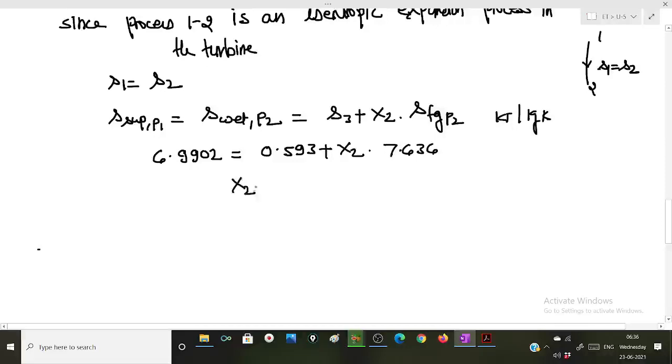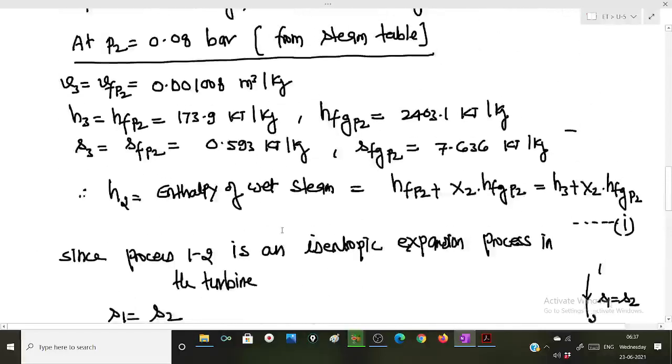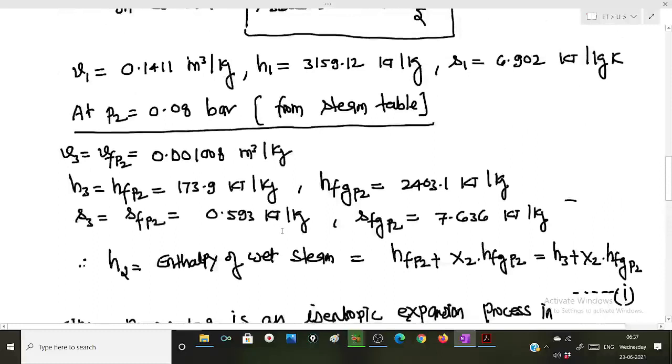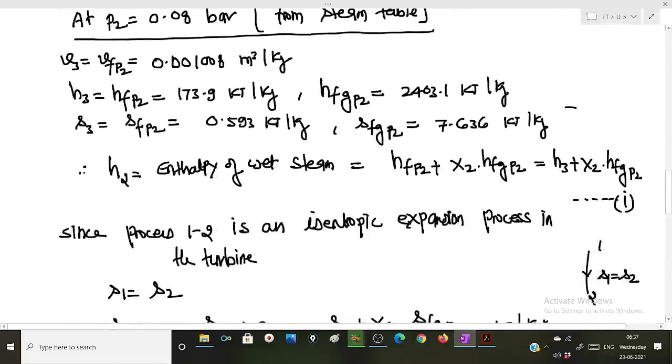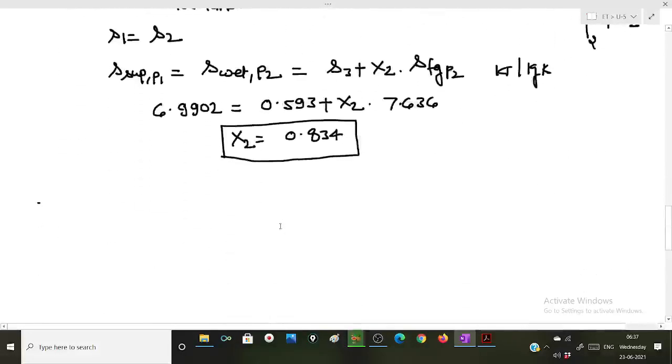So from here I can get the value of dryness fraction as 0.834. Okay, let us confirm the values we have put: S1 is 6.902, S3 is 0.593, SFG P2 is 7.636.